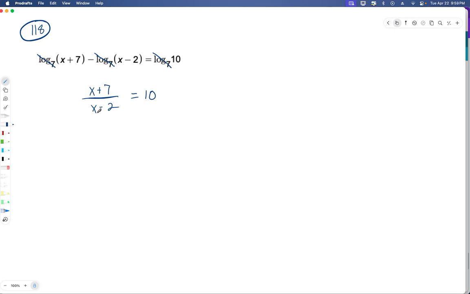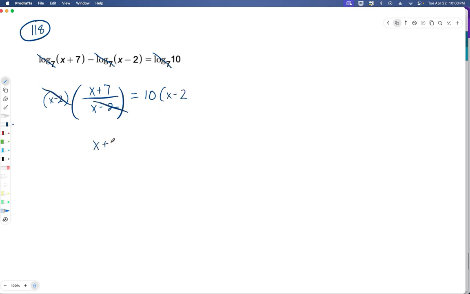All right, so we want to be able to solve this, right? So we have x plus 7 divided by x minus 2. So what I need to do is get rid of the denominator. So I'm going to multiply both sides by x minus 2. So this would cancel.